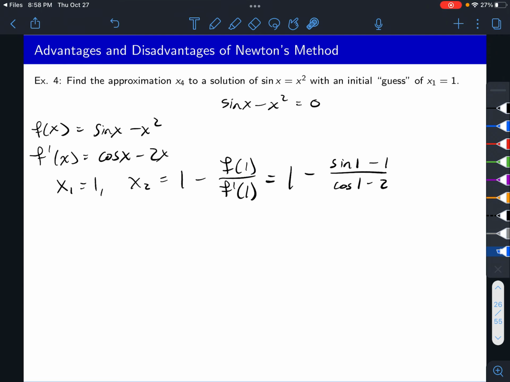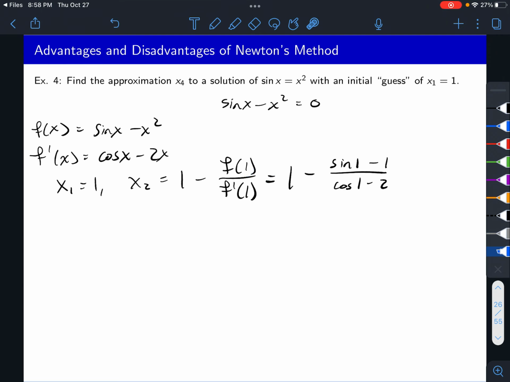Because I could just use a calculator to estimate this thing in the first place. So the whole point of approximating solutions is that we either don't want to use a calculator, or maybe we are just programming a computer to be the calculator.